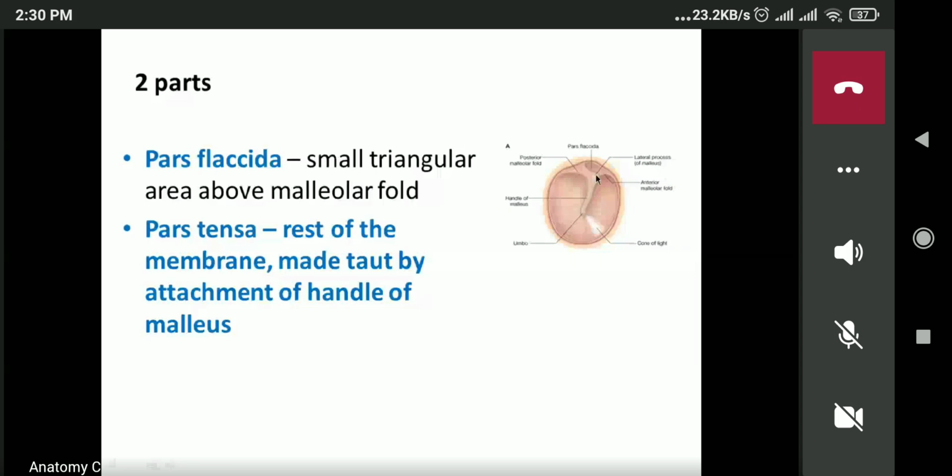So what are the different parts here? The upper small part is the pars flaccida, whereas the lower part is the pars tensa, and it is made tensed by the attachment of the handle of the malleus. This is the handle of the malleus here.